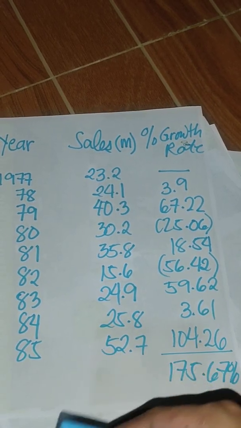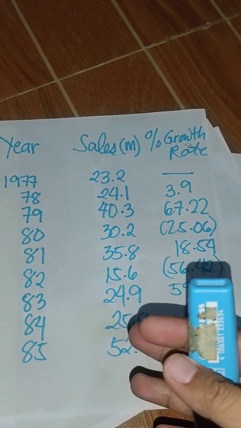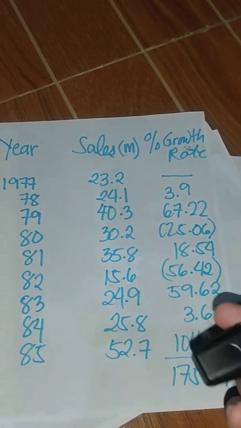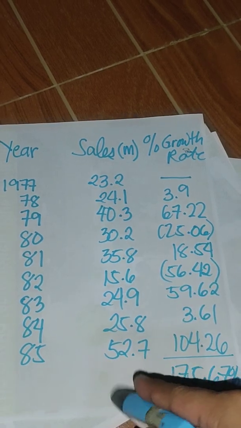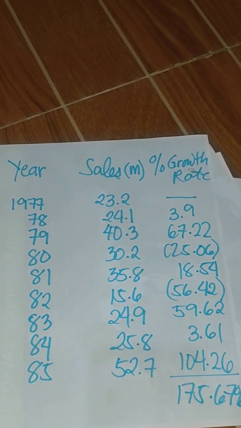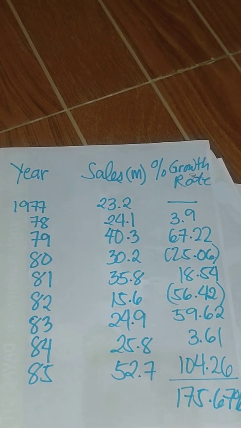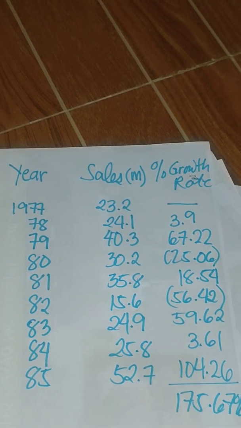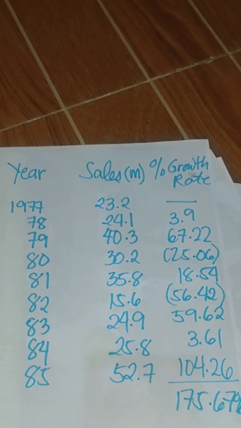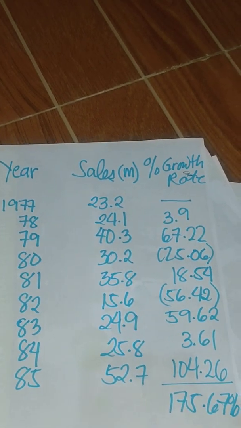So each year has a corresponding sales, and also it has a corresponding growth rate. So if you can observe, dash yung gibutang diha sa first. Ano naman? Because on 1977, wala pa siya growth rate because that's the starting year sa atong pag-compute or pag-project.